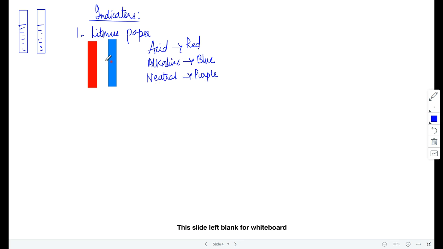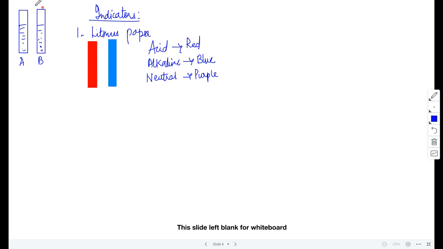How can we find this out? Now, if these are two different solutions, this is an acidic solution and this is a base or an alkaline solution. What I'm going to do is take a strip of red litmus paper and dip it in this acid solution. Now the litmus paper is red itself, right?